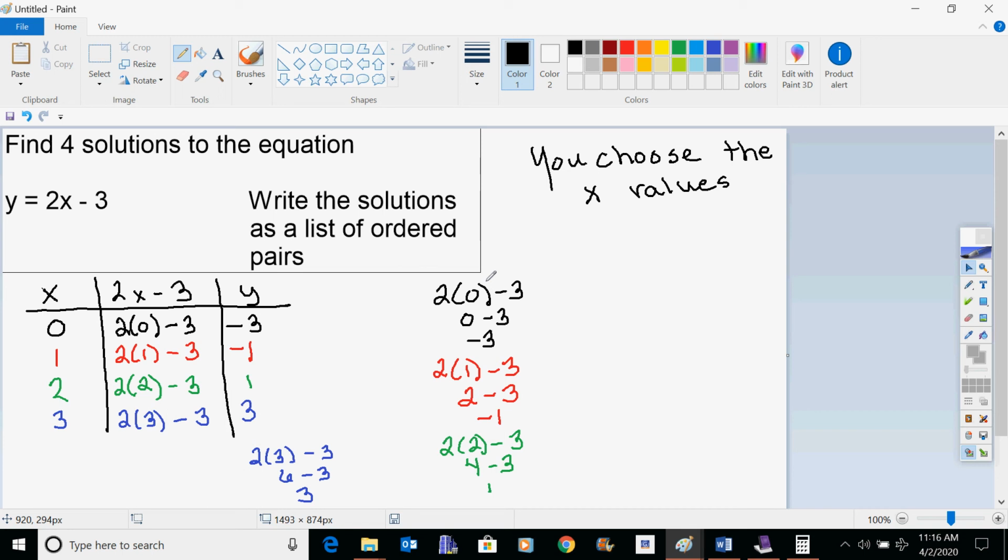We're not to the point where I'm going to require that just yet. So we're just going to make these ordered pairs for you. An ordered pair has an x value and a y value. So in this case, (0, -3) is one of my ordered pairs.